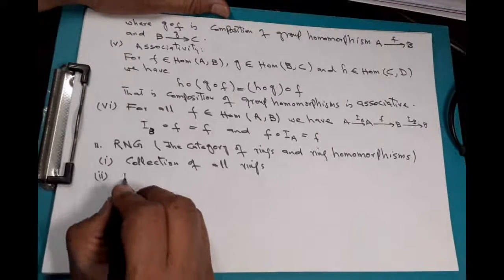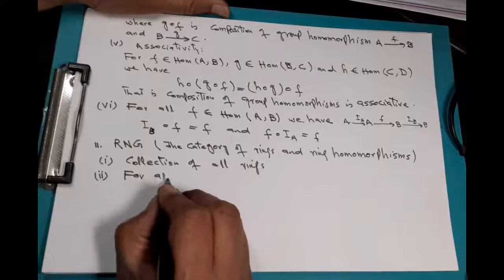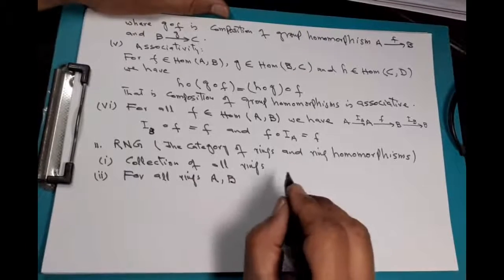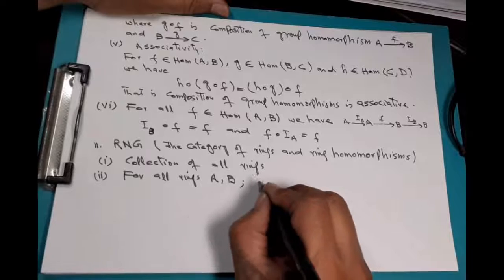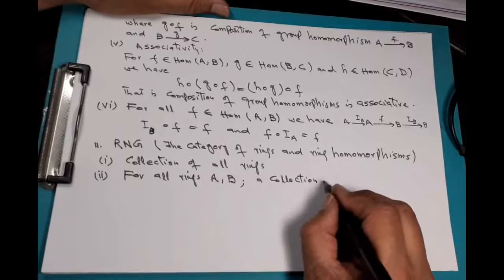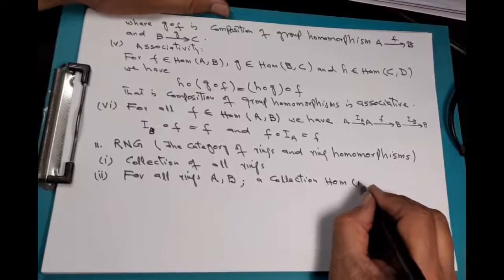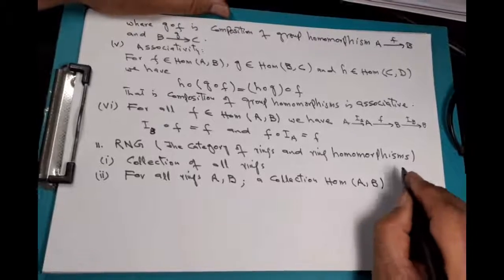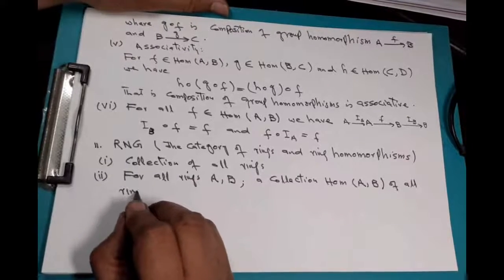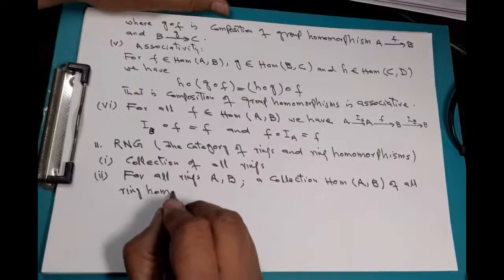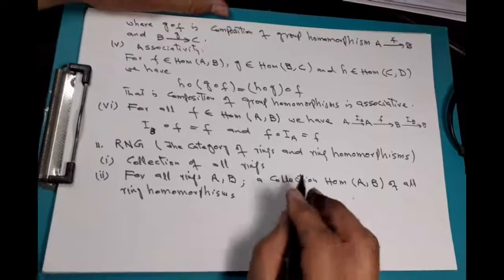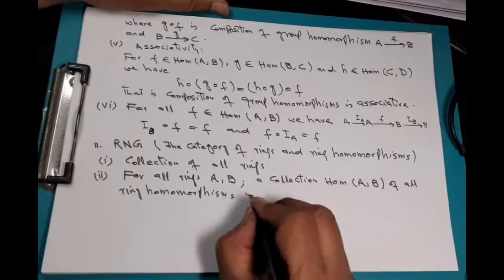So for all rings A, B, a collection which we represent by Hom(A,B), and which is in fact of all ring homomorphisms with domain A and codomain B.